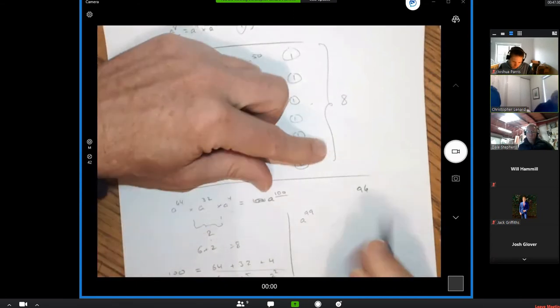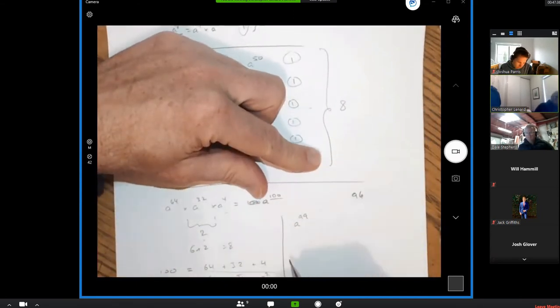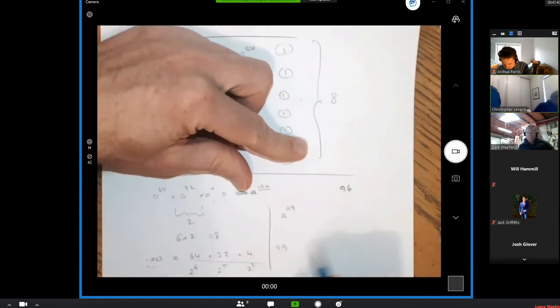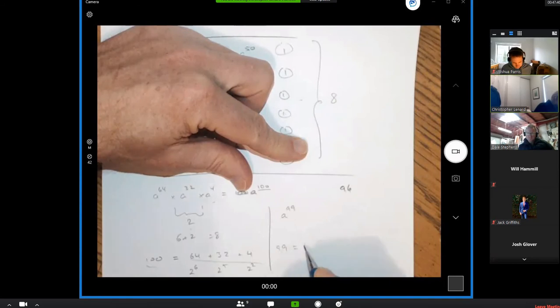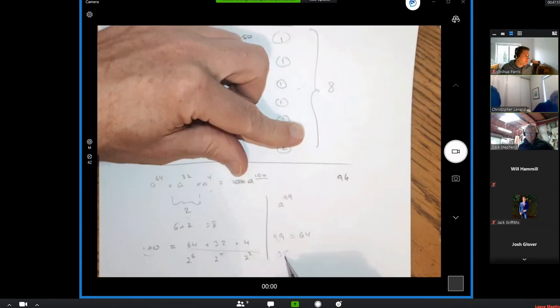What I would do then is say 99 is equal to, what's the biggest power of 2 that's less than 99? 64. Well, that would give me 35 left over. What's the next biggest power of 2 that is less than 35? Well, that's 32.